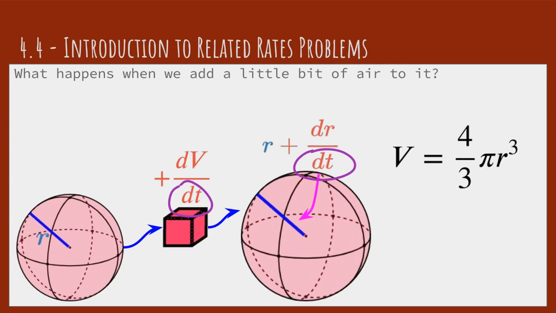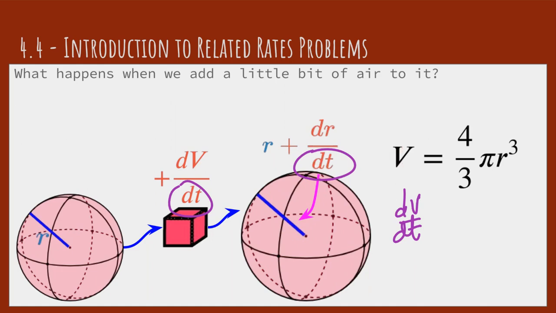So if we do that here, taking the derivative with respect to time, okay, so informally, that's kind of what I'm thinking in my head. On the left side, the derivative of V with respect to time is just going to be dV dt. So if you're thinking about how we would do this with implicit differentiation, the derivative of V would be 1, but since it's not a t, we have to multiply by dV dt.